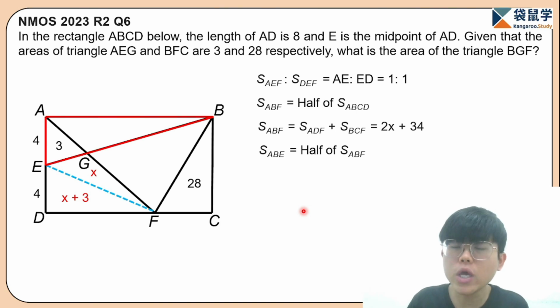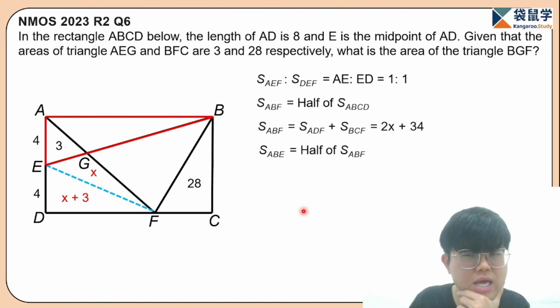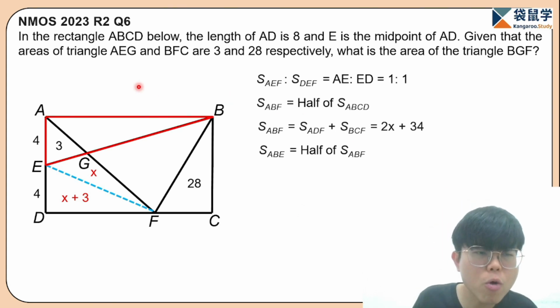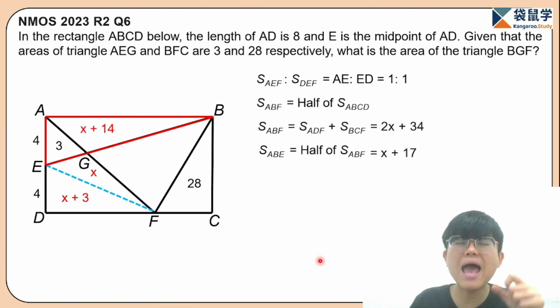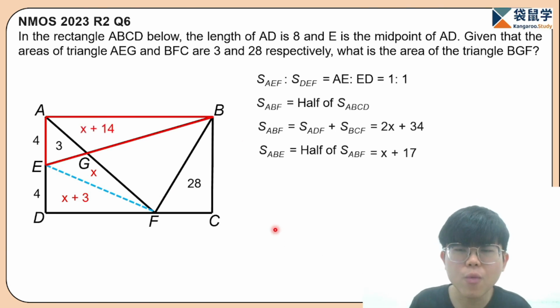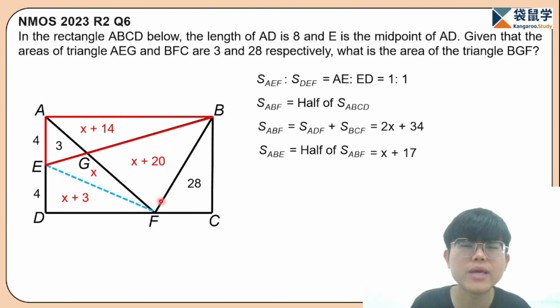Which means that it should just be X plus 17. If it is X plus 17, what will AGB be? It will just be X plus 14. And we know that BFG will be X plus 20, because the whole part should be 2x plus 34.